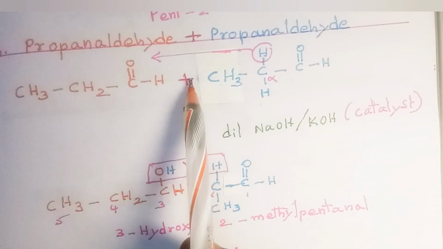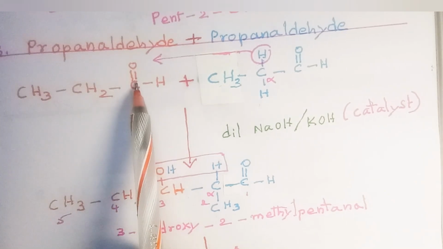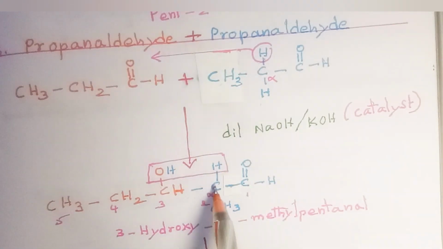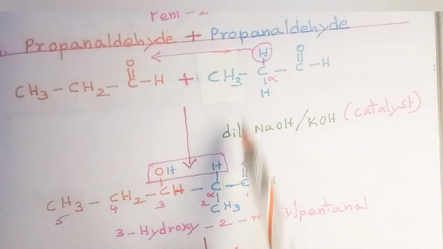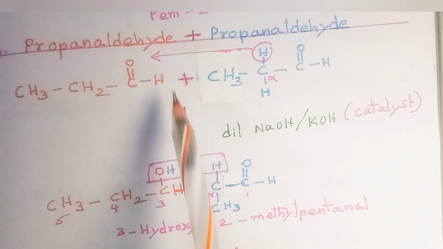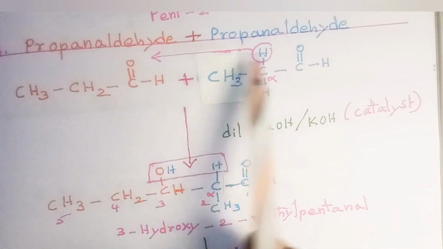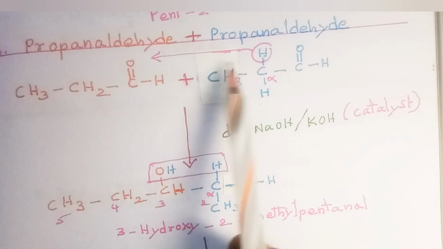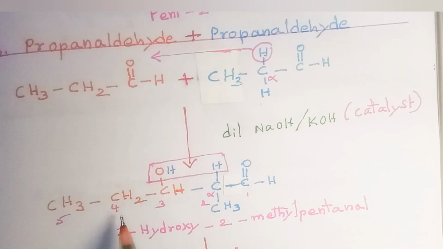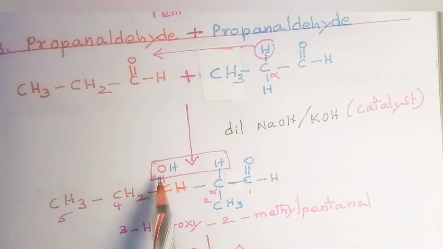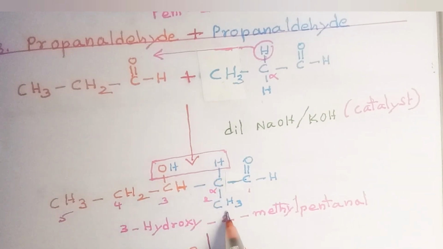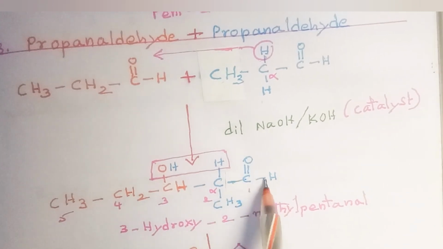A new bond is formed between this carbonyl carbon and the alpha carbon of the second reactant. This beta carbon is written downwards because the carbonyl carbon will form a bond with the alpha carbon of the second reactant. As a result we get CH3, CH2, CH, OH, single bond, CH, CH3, C double bond O, H.